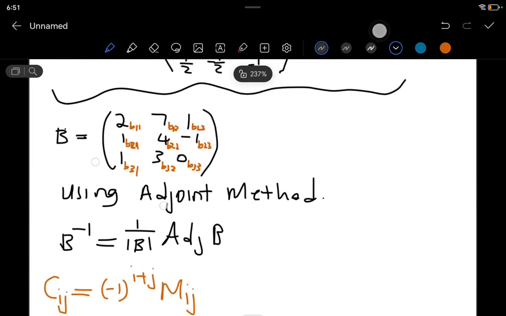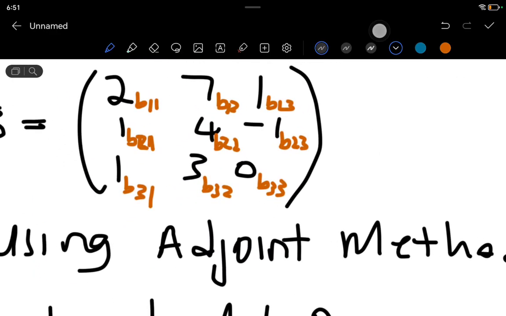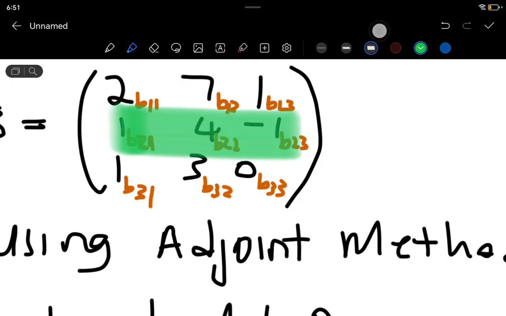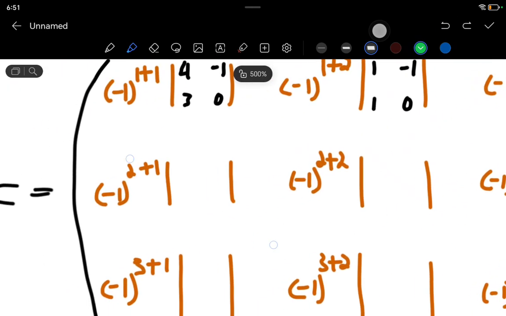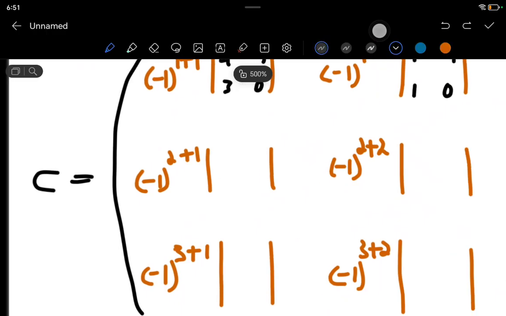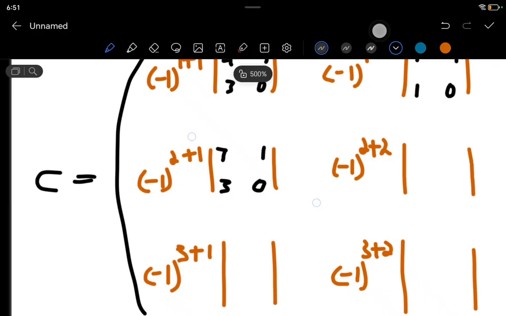Just like that. So now I come to this one. I'm going to be left with 7, 1, 3, 0. Going to come to the middle one.